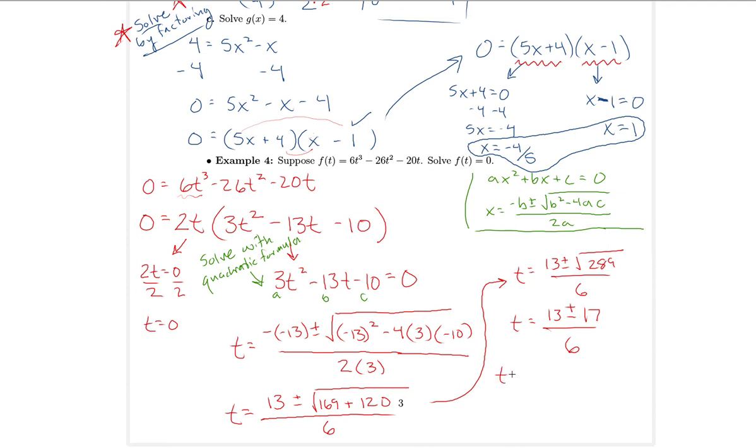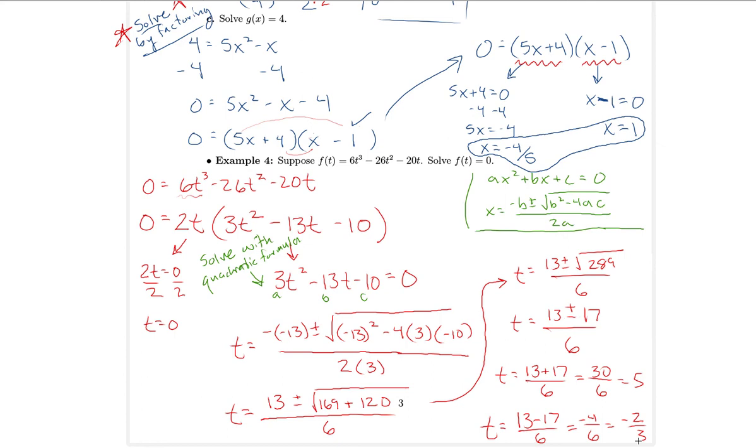You have the t value where you use the plus sign, which is going to be 30 over 6, which is going to be 5. And then you have the t value where you use the minus sign, which is negative 4 over 6, which is negative 2/3.